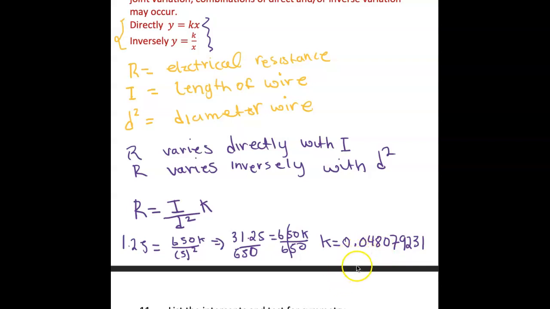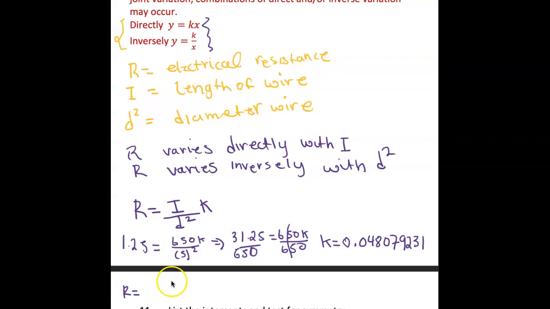Okay? Now that we know K, we can construct our final model. And this is the model that's going to help us answer any questions. So the model will look like this. I'm going to take a little space on the next page.